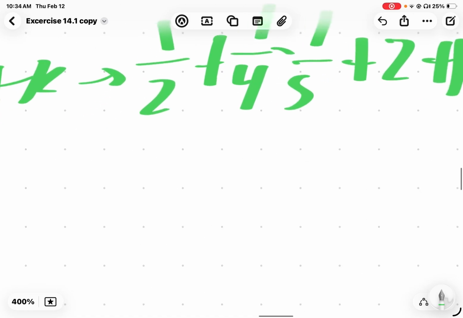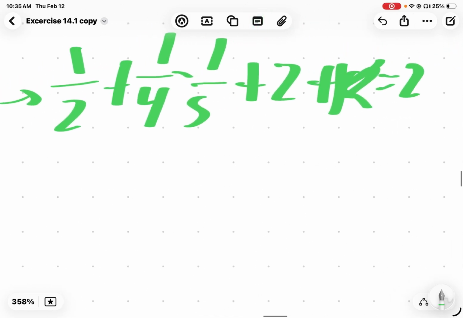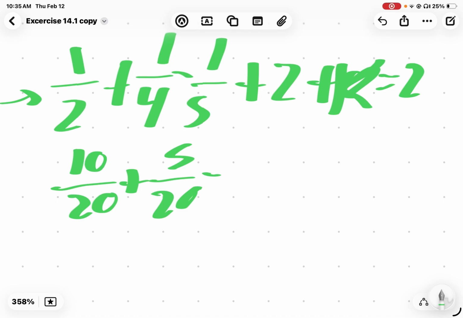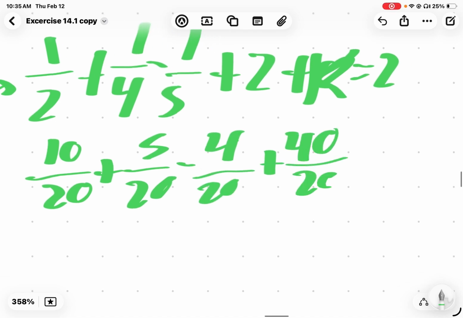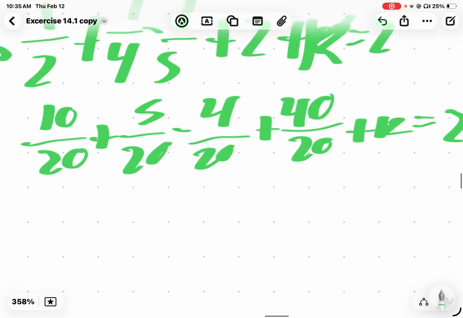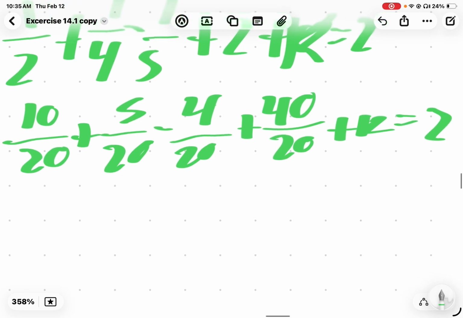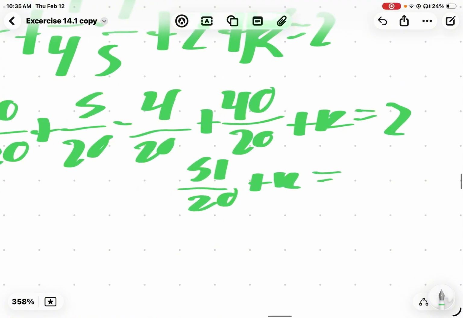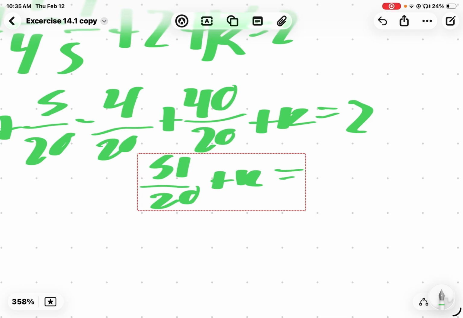So making these into the same common denominator, we'll make this 10/20 plus 5/20 minus 4/20 plus 40/20 plus k equals 2. So that gives us 11/20 plus 40/20, so 51/20 plus k equals 2, which is 40/20.